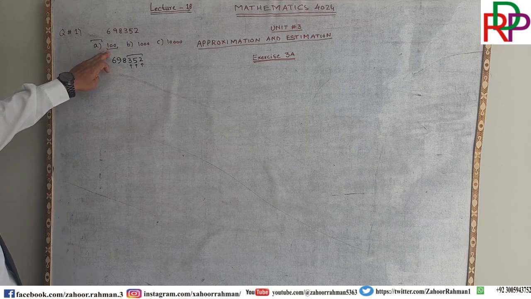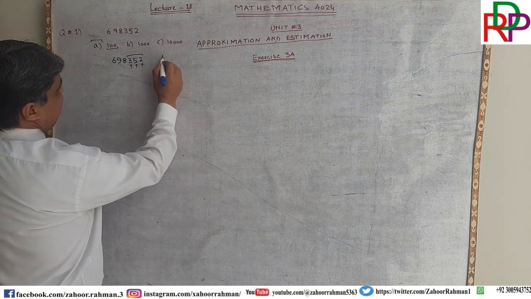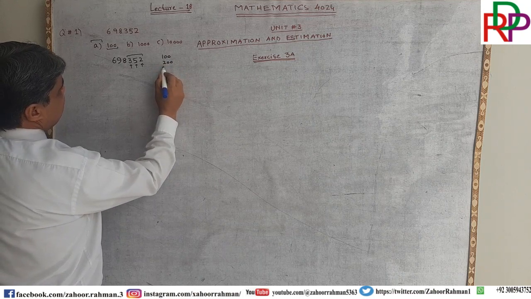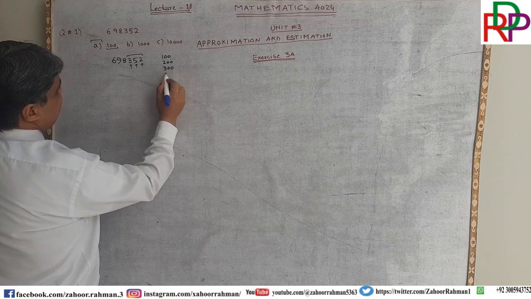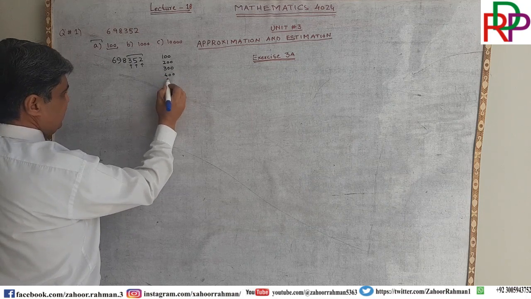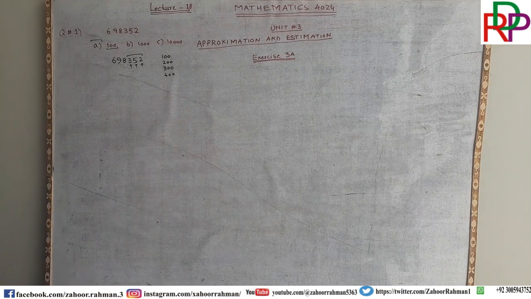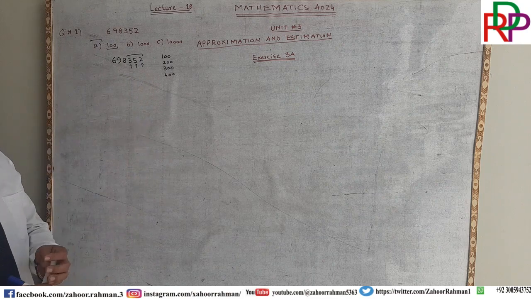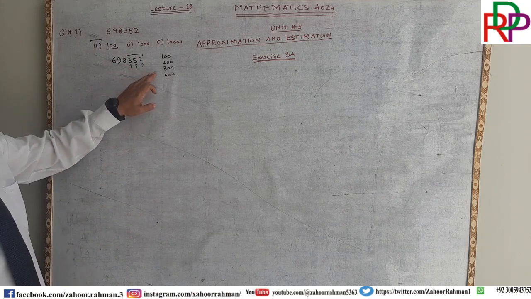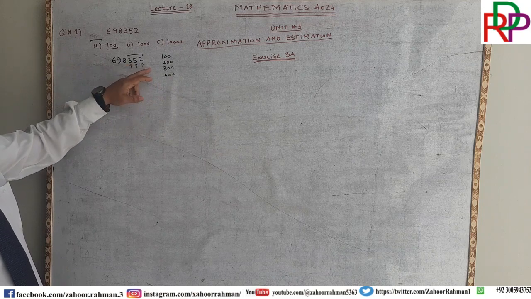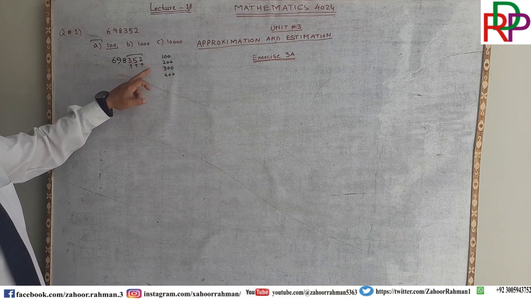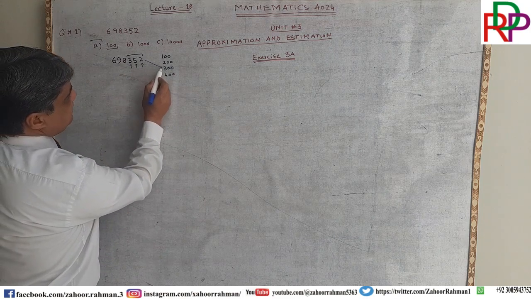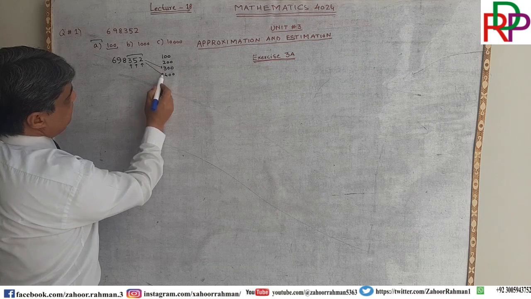We will have to write the table of 100. 100 ones are 100, 100 twos are 200, 100 threes are 300, 100 fours are 400, and so on. We need till this. So we have to see whether these three numbers are nearer to 300 or 400. So we have to consider only these two numbers.